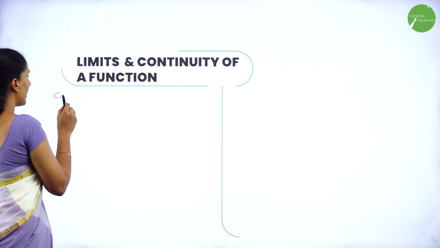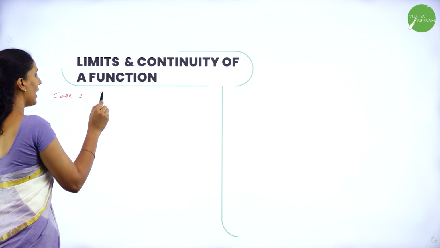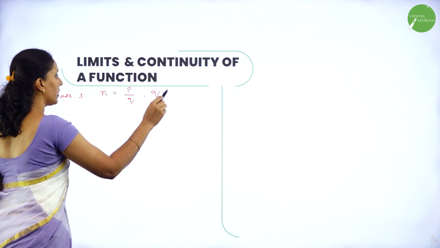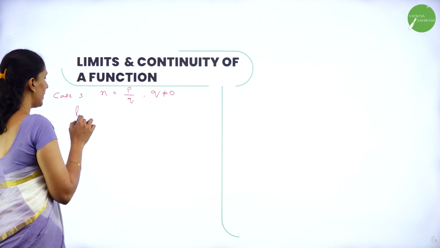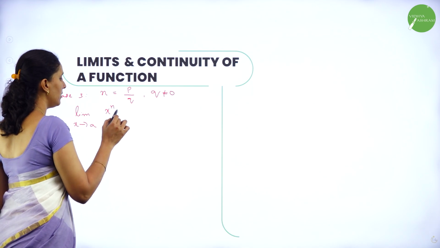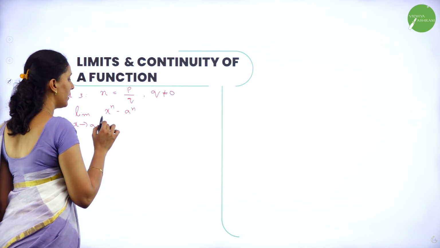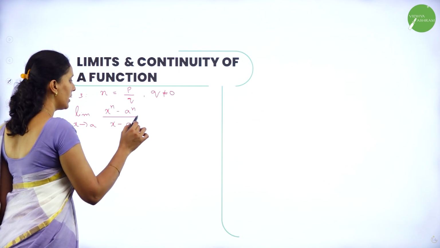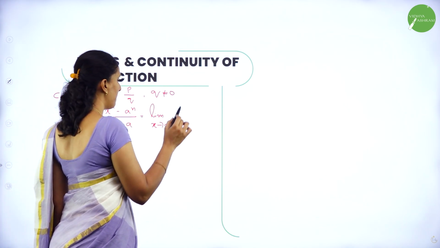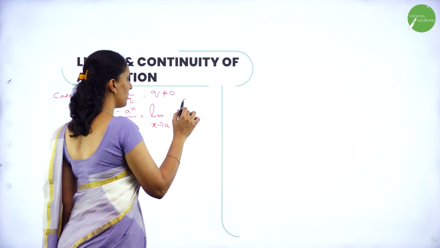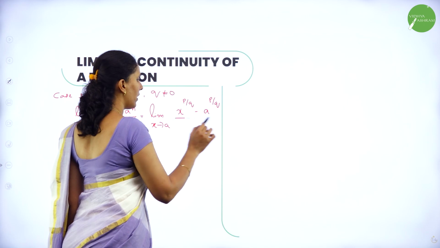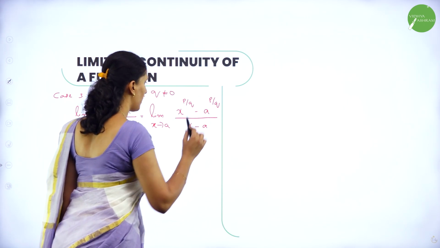Next we'll consider case 3. That is, we'll take n in terms of rational numbers, p by q, where q is not equal to 0. So now let's take the standard limit as x tends to a, x to the power n minus a to the power n divided by x minus a. Change n value as p by q: x to the power p by q minus a to the power p by q divided by x minus a.